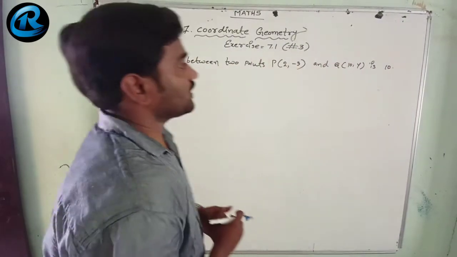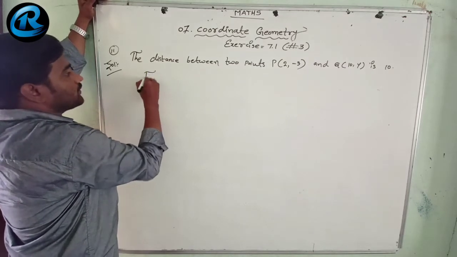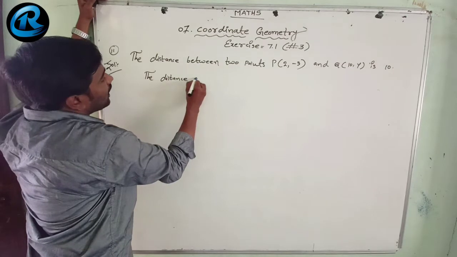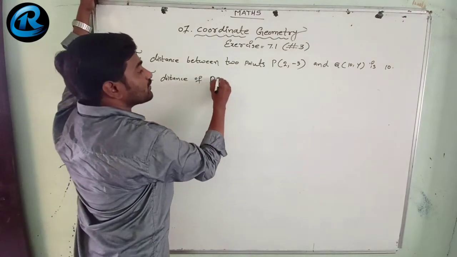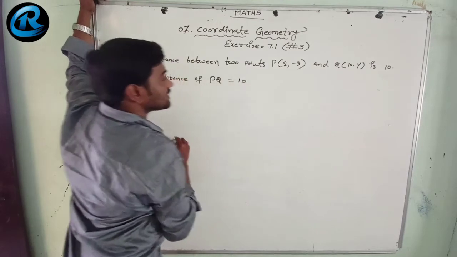Now let us find out the distance between the points P and Q. PQ distance equal to, we got 10 units.